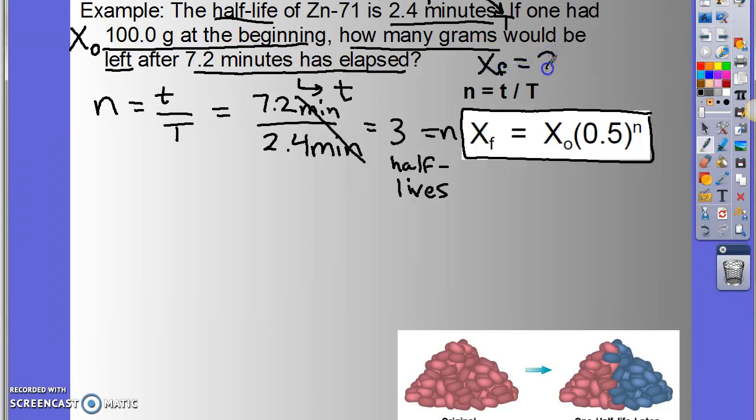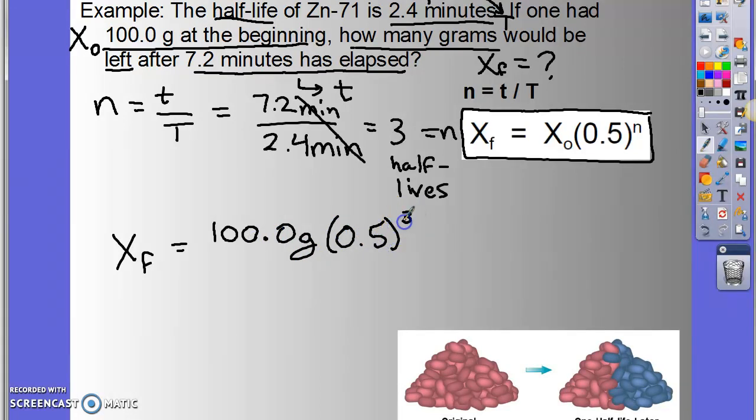So I'm going to plug in xf equals 100 grams. It says 100.0, so that's a lot of significant figures. That's kind of important. 100.0 grams times 0.5 raised to the third power, because we've gone 3 half-lives.